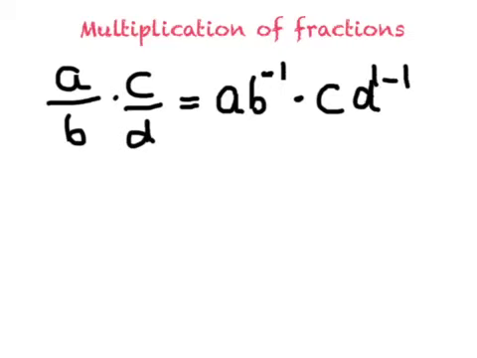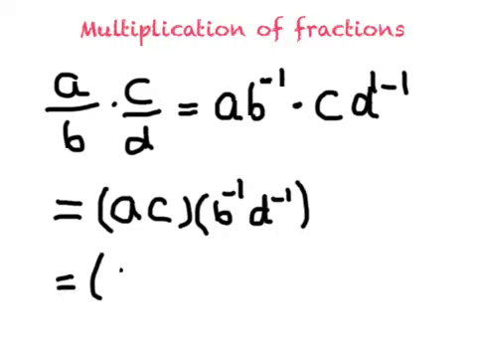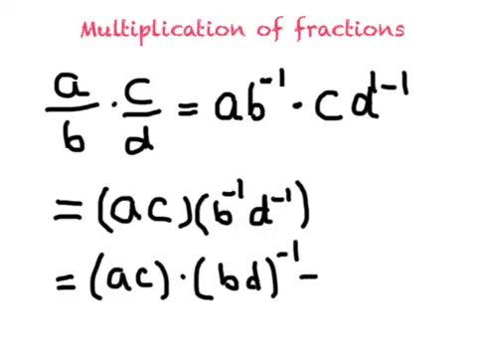But now, because we know that we can multiply in any order, we can see that this is the same as A times C, let's put some parentheses here, times B inverse D inverse. We recognize that as A times C times B times D inverse, which we can now write as a single fraction, A times C divided by B times D.